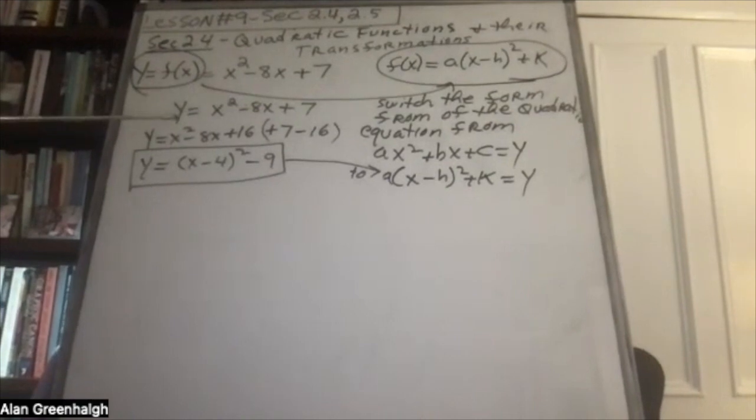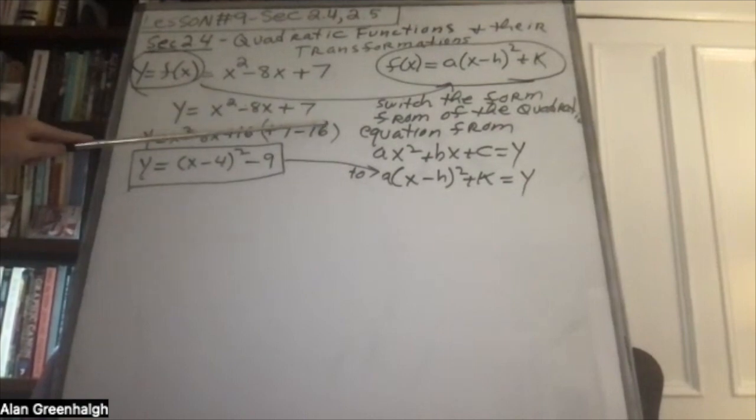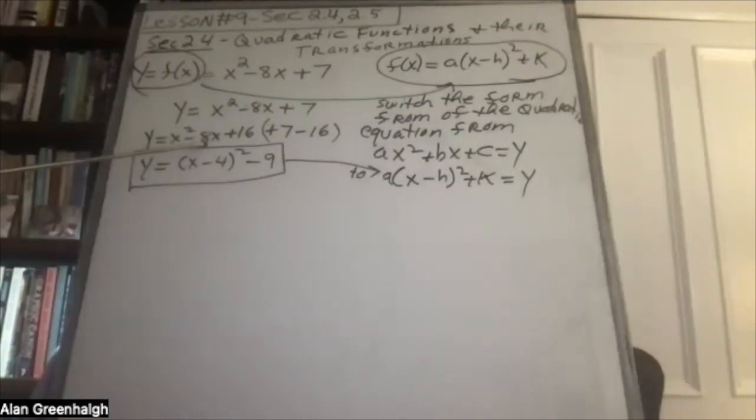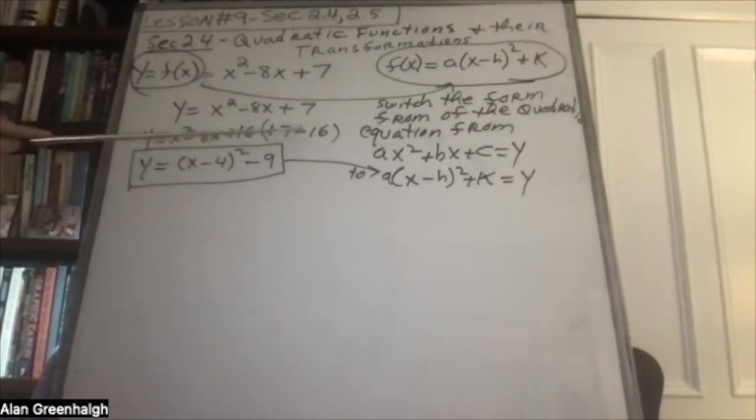And this is the way we do it, by completing the square, but the 7 is in the way. So we push the 7 over, and then we complete the square. We take half of 8, we square it, we get 16, we add 16, but you can't just add 16, you have to also subtract it, and you do that over here. And when you put these two together, you wind up with negative 9. And this is what you get over here. And now we're all set to graph it.